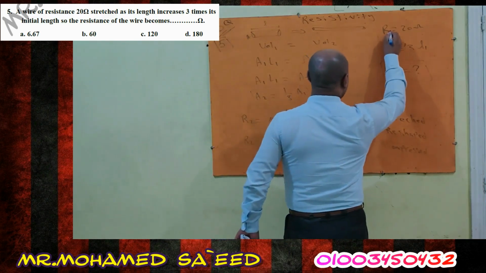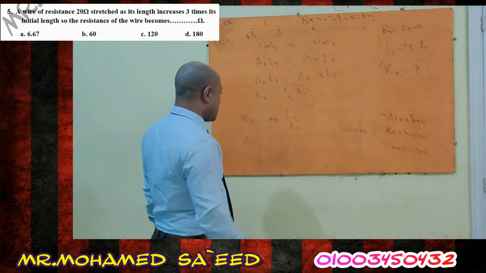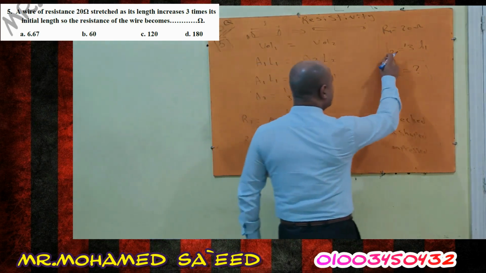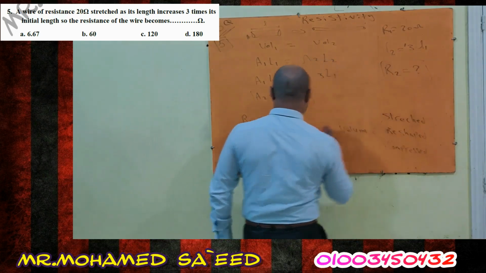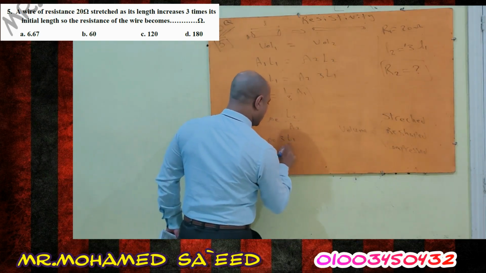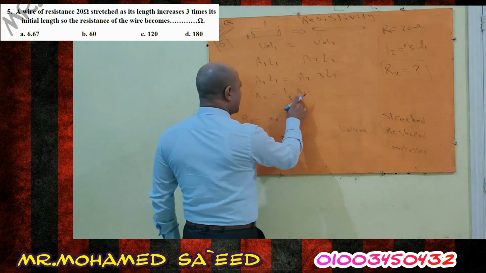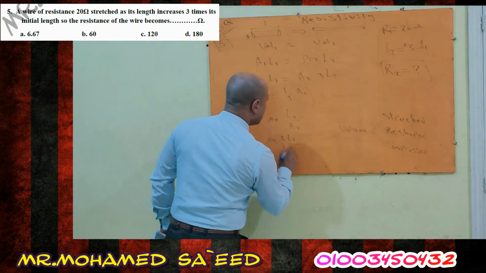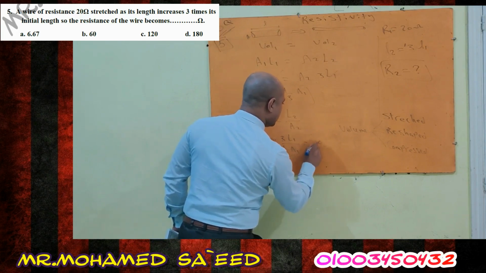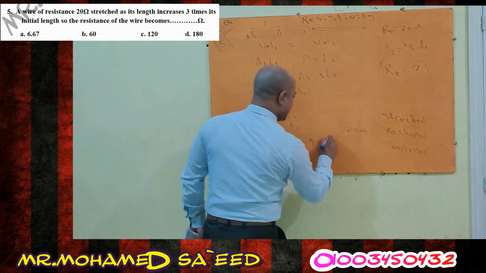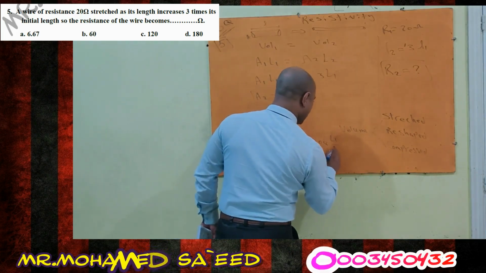You should know that R1 equals 20 ohms. R2 equals rho, L2 we can replace by 3L1, over A2, we can replace it by 1/3 A1. So rho, 3 times 3 equals 9, rho L1 over A1.